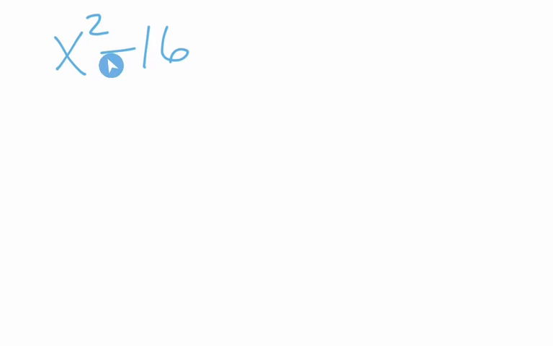Difference meaning we are subtracting them. And then the two terms, to go back to another vocab word, are both perfect squares. X squared is the result of x times x, and 16 is the result of 4 times 4. So I'll write that over there. We need to be able to recognize when we're looking at the difference of two squares, because otherwise you don't know what kind of problem you're looking at.